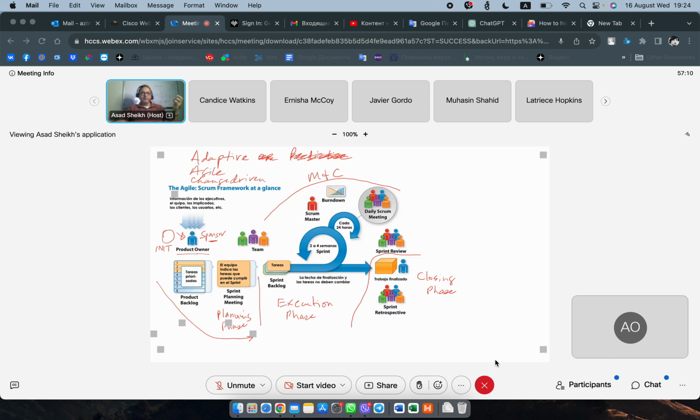For example, if you need to reforecast or need more funding, more money, you can go to your product owner and he can talk to maybe the sponsor, whoever, and he can probably help you with that, just like the sponsor would. Or if there's a scope change, something is being added to your requirements, you can go to the product owner and say, are you going to approve it?